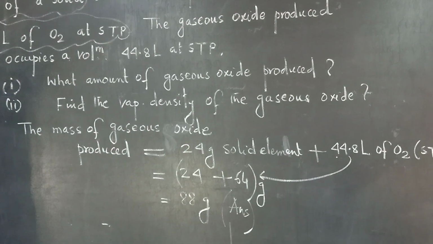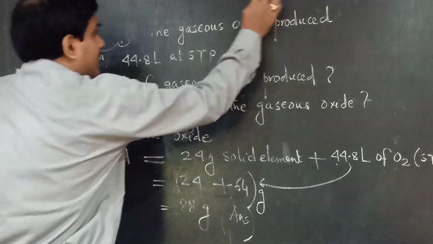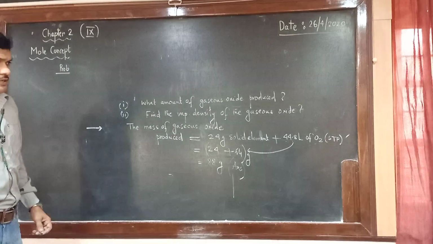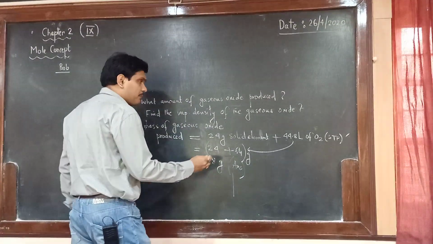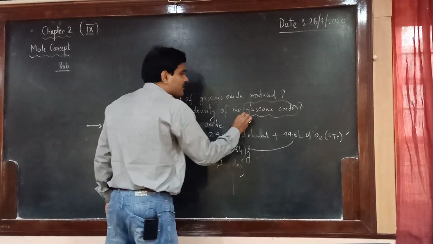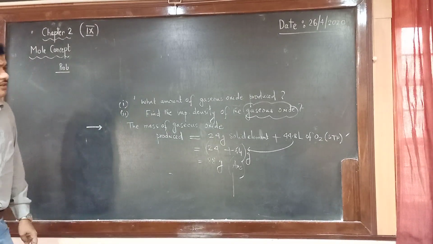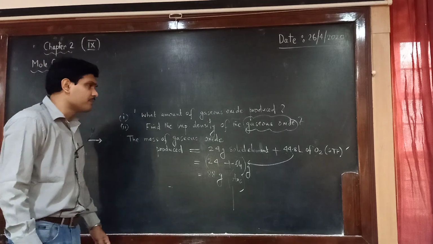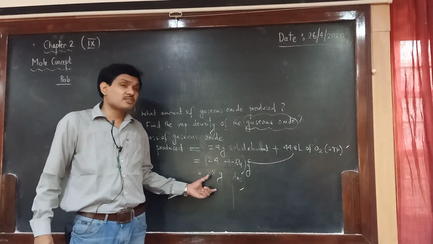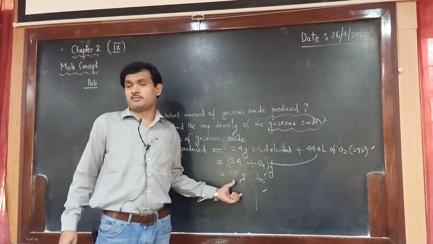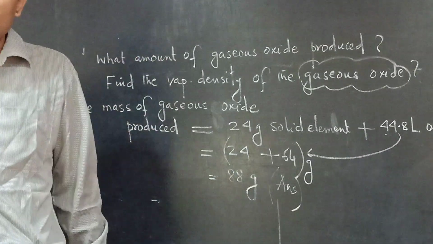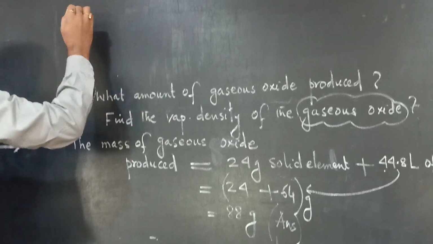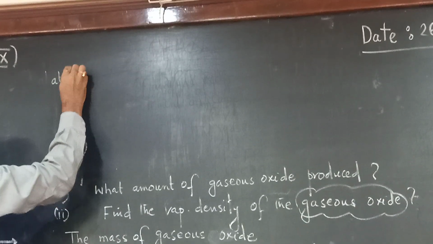Now I am moving to the second answer: find the vapor density of the gaseous oxide. To find the vapor density, we definitely need its molar mass. It is given in the problem that this gaseous oxide, 88 gram, also occupies a volume of 44.8 liter at STP.